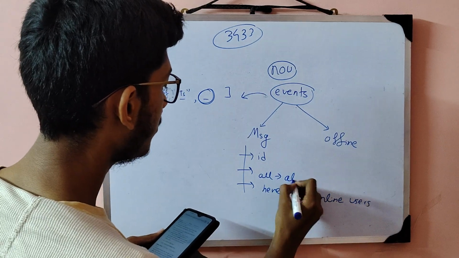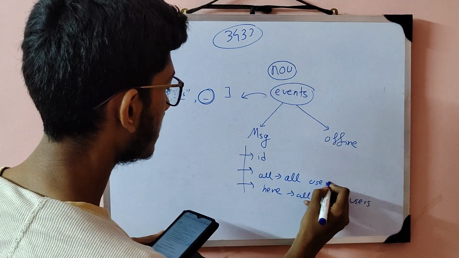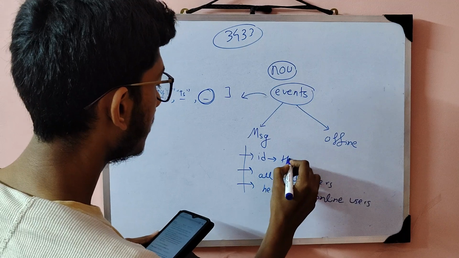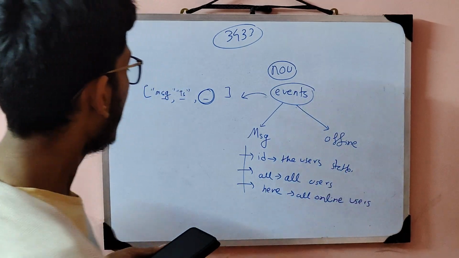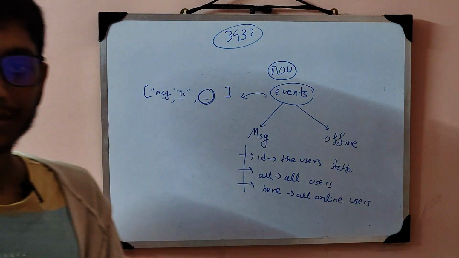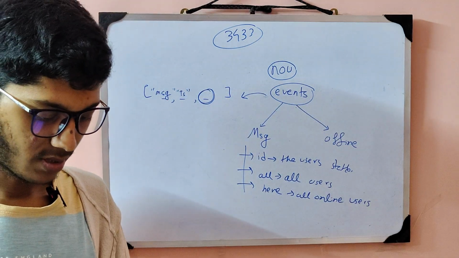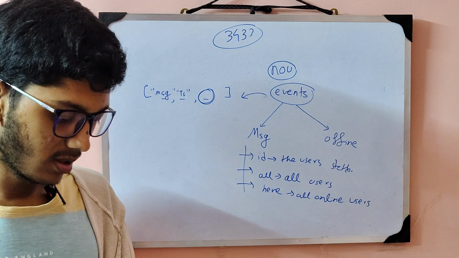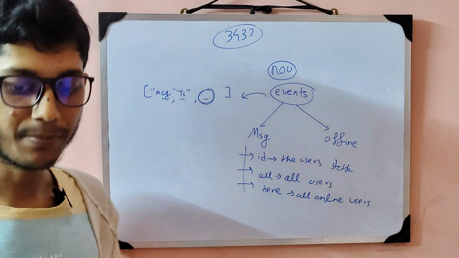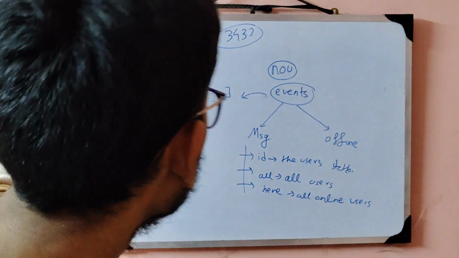And in ALL, we will be considering all users, and in ID, the users stated. It may look a bit confusing, but when we go on to the example, it will be clear.